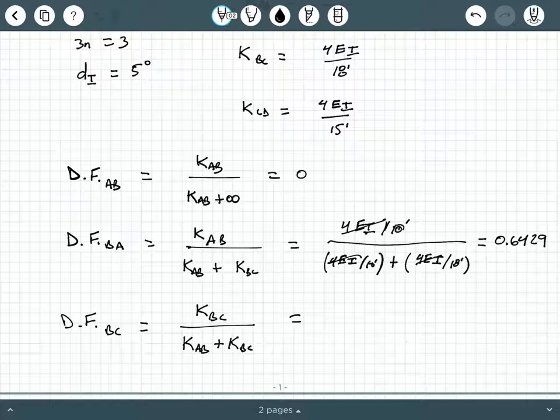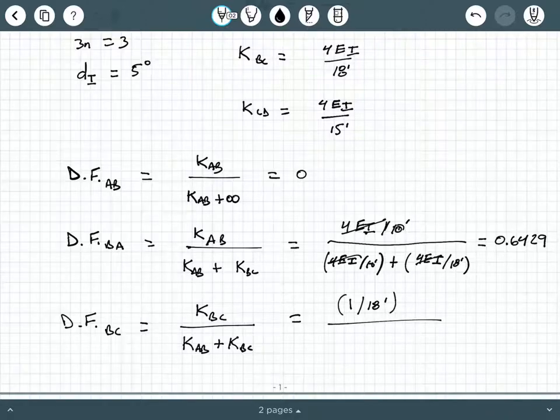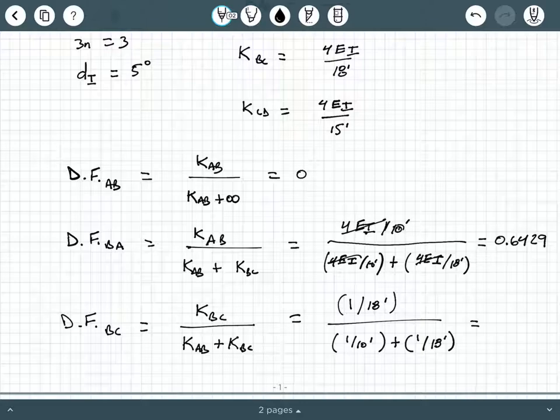So, canceling out the 4 EIs again, we could look at this in terms of relative stiffness as 1 over 18 feet divided by 1 over 10 feet plus 1 over 18 feet. And that ends up equaling 0.3571.